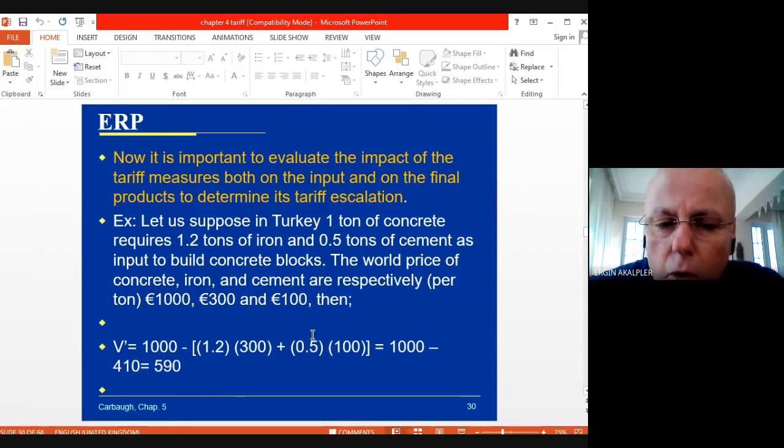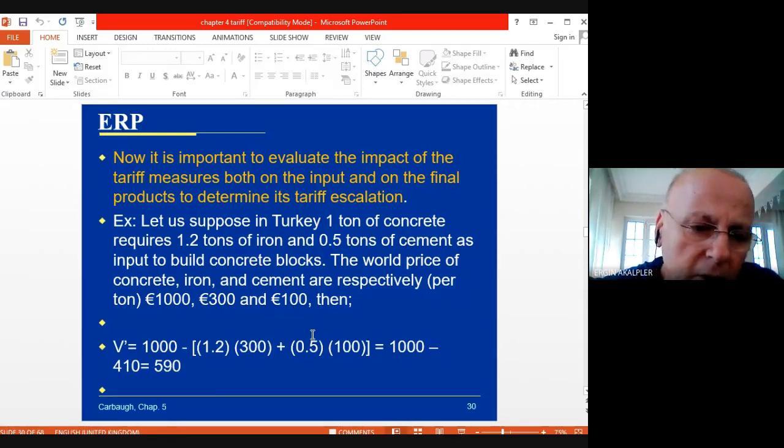Therefore, we want to know which one is better to buy: the concrete block as a finished good, or iron or cement as semi-finished inputs, evaluated in the customs where we are exporting and importing.